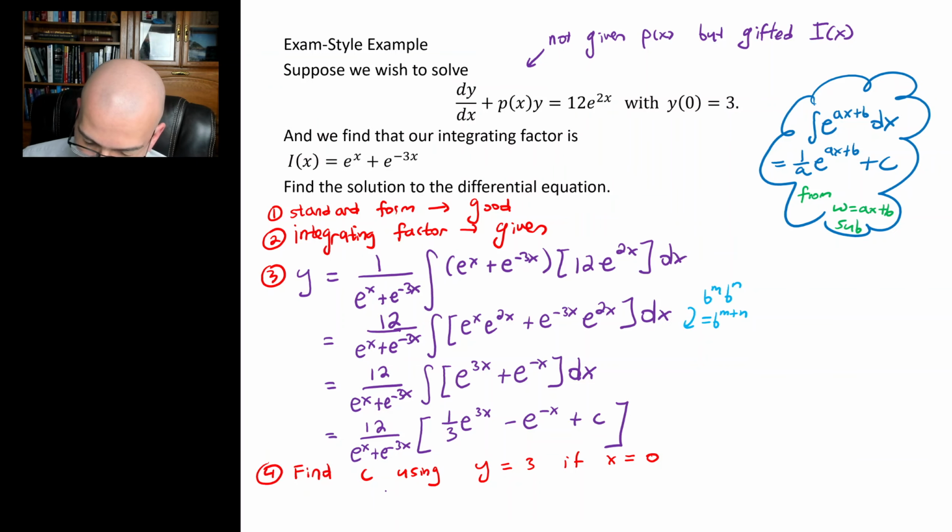Okay, so we're going to have 12 over 1 plus 1, since we have e to the 0 plus e to the 0, so 1 plus 1. 3 is equal to 12 over 1 plus 1 times 1/3 of 1 minus 1 plus c.